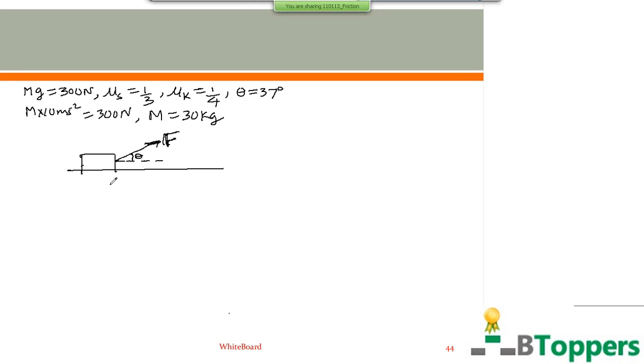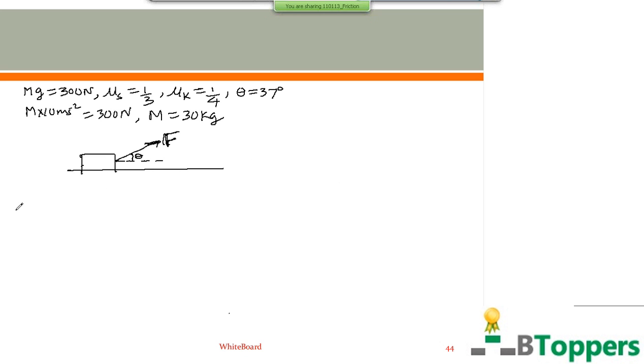I have discussed one special case earlier on how to find the minimum value of the pulling force required to start the block moving. In case you remember that conclusion, you can straight away use it.